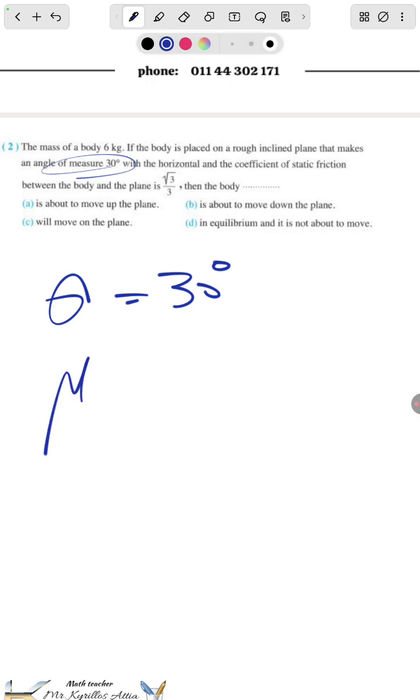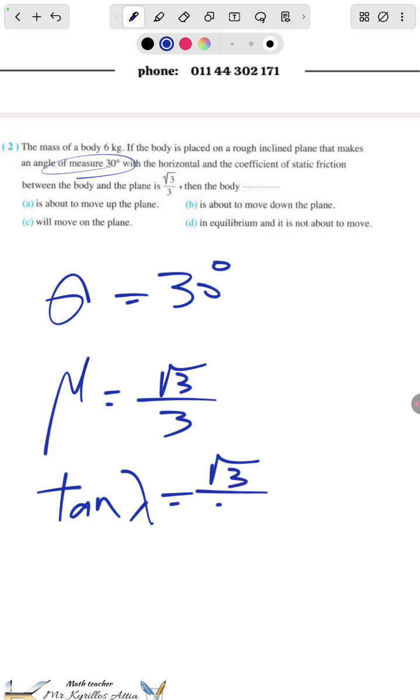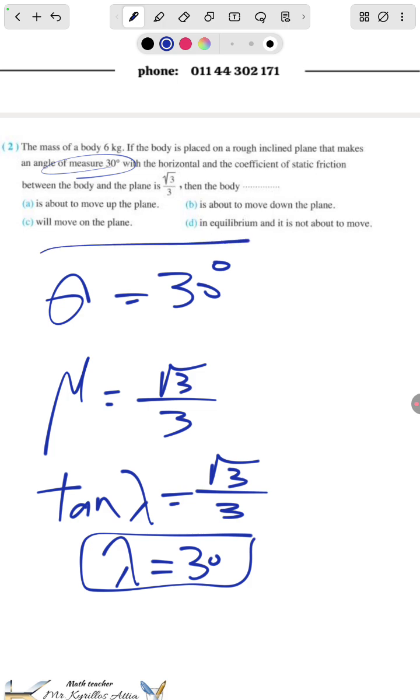That means that mu equals root 3 over 3. Mu equals tan lambda, so tan lambda equals root 3 over 3. So shift tan root 3 over 3, so lambda equals 30. Here, theta equals 30 and lambda equals 30. Since theta equals lambda, so the body is about to move down.